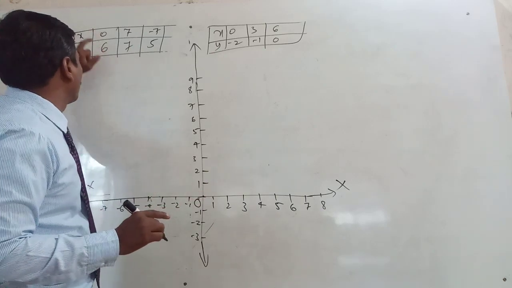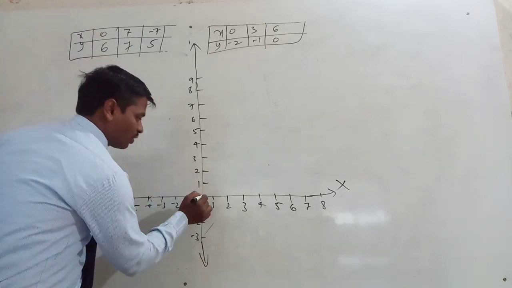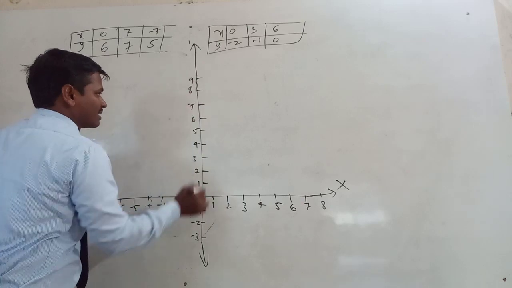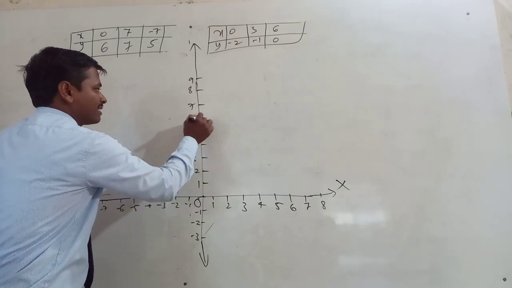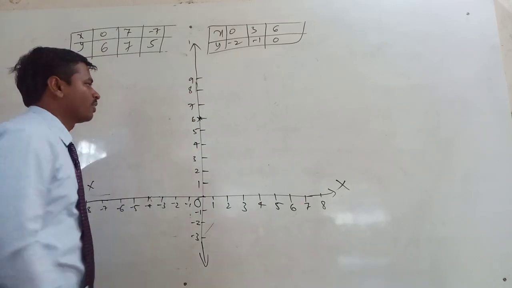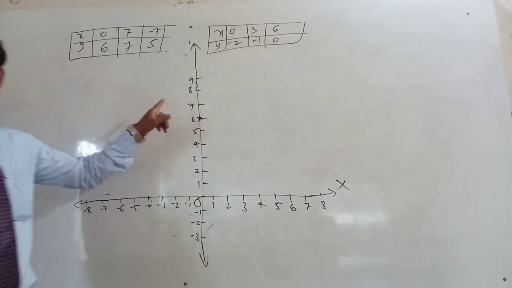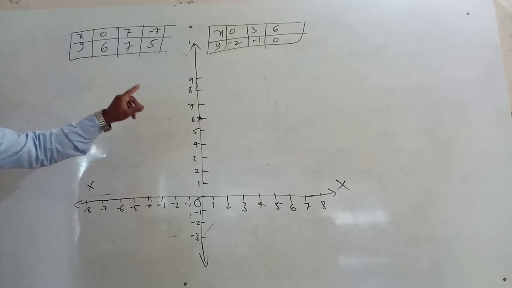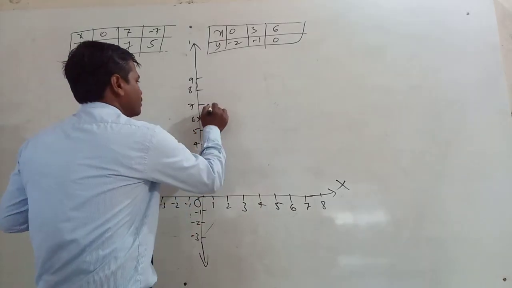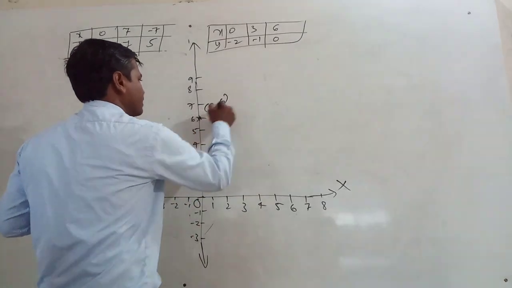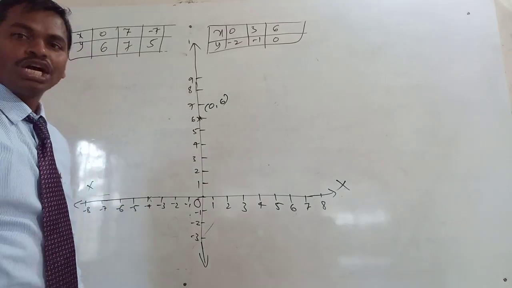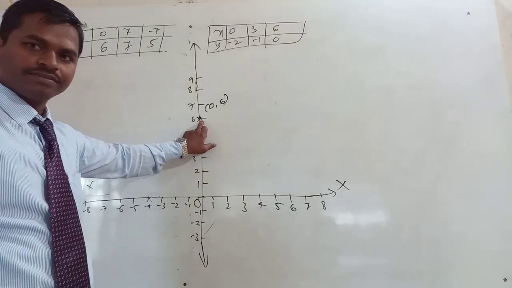X is 0, y value is 6 on this one here. That is the point. 0, 6 is the coordinates of this point.